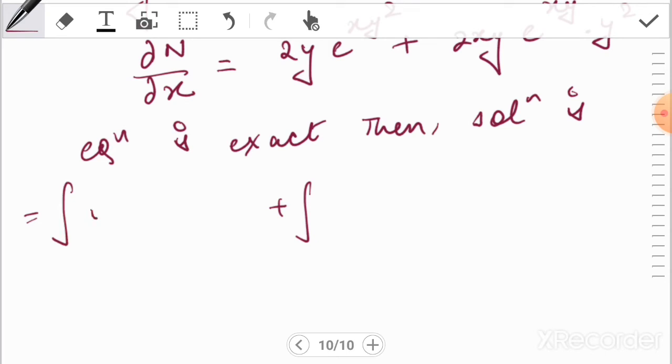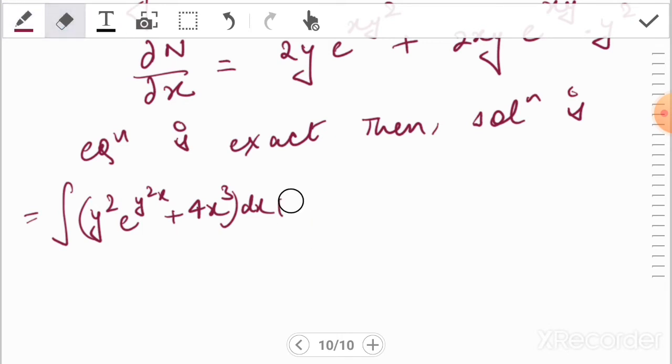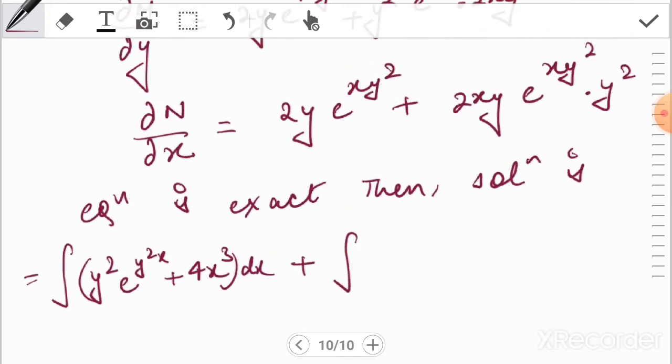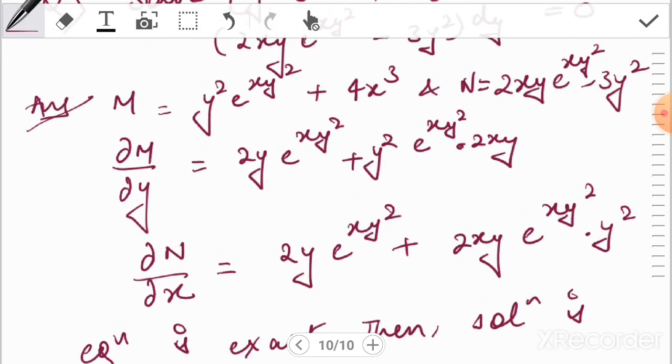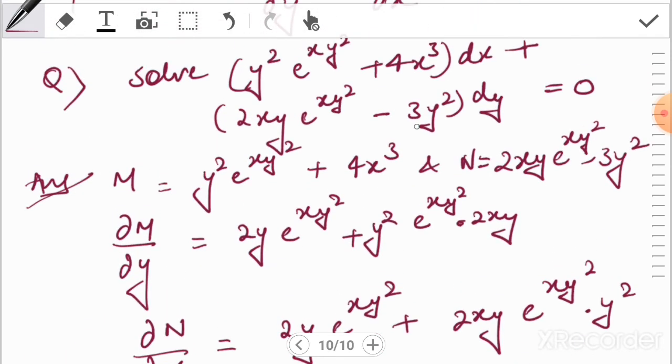So y square e raised to the power xy square plus 4x cube dx, and terms of N not containing x, that is, minus 3y square.